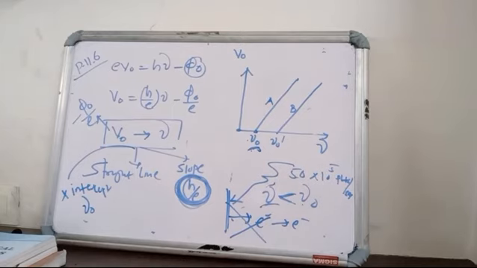Note that in all the above experiments it is found that if the frequency of incident radiation exceeds the threshold frequency, the photoelectric emission starts instantaneously. This point is very very important.